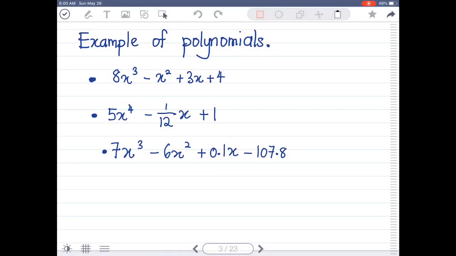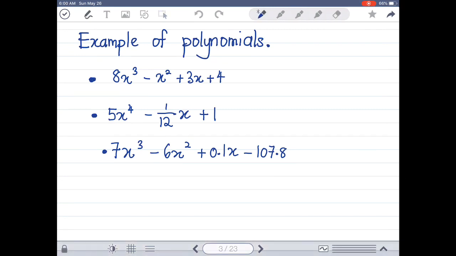Let's have a look at examples of polynomials. Look at the first example. We have 8x cubed minus x squared plus 3x plus 4. The value of n for each term from the first example is positive. It's non-negative.